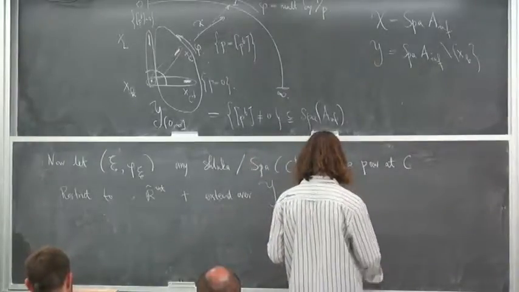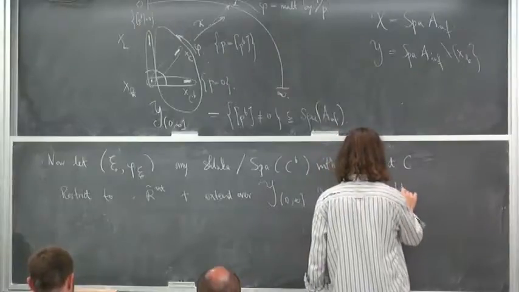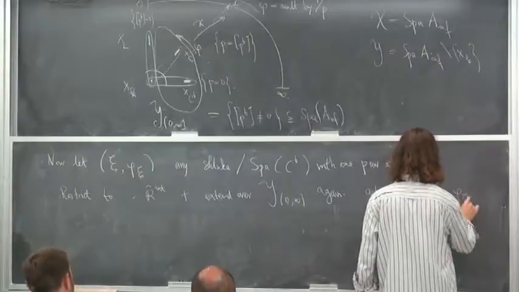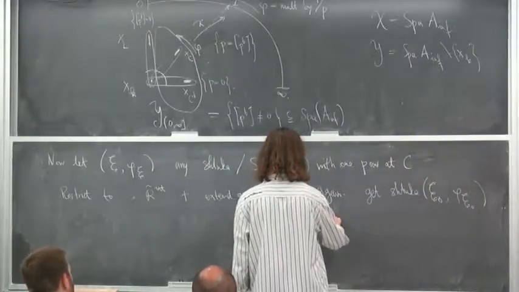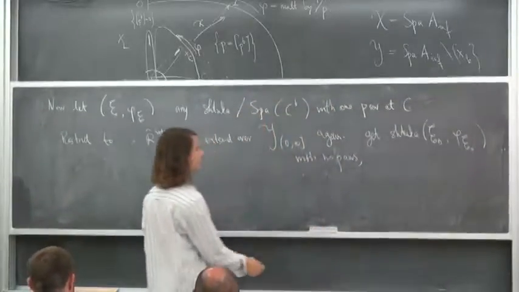And so what we're getting is a Stuka, let's call it E0, phi E0, with no pole. Which in fact, by this equivalence of categories, what is it really?